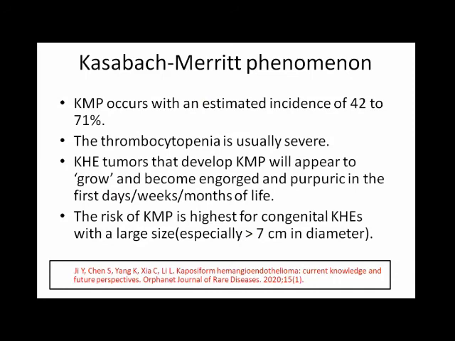The risk of kaposiform hemangioendothelioma developing Kasabach-Merritt phenomenon is especially high when the tumor size is extremely large, more than 7 centimeters. So mostly, on the basis of all this, we get to a diagnosis of kaposiform hemangioendothelioma.